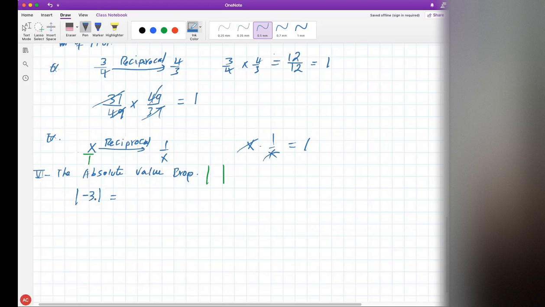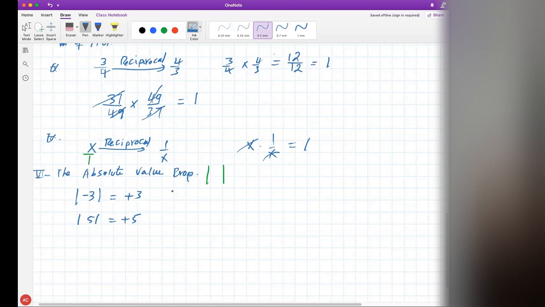So the absolute value, we say the absolute value of what's inside, not the outside. The outside is not affected by the absolute value. So it turns whatever is inside of it positive. And if it's already positive, it stays positive. For example, 5 stays positive 5.